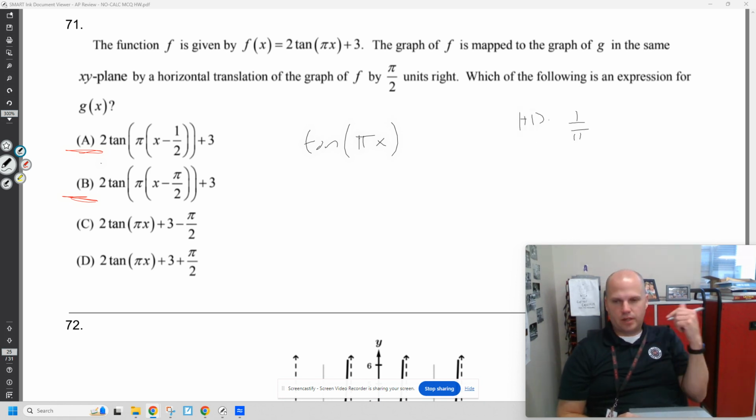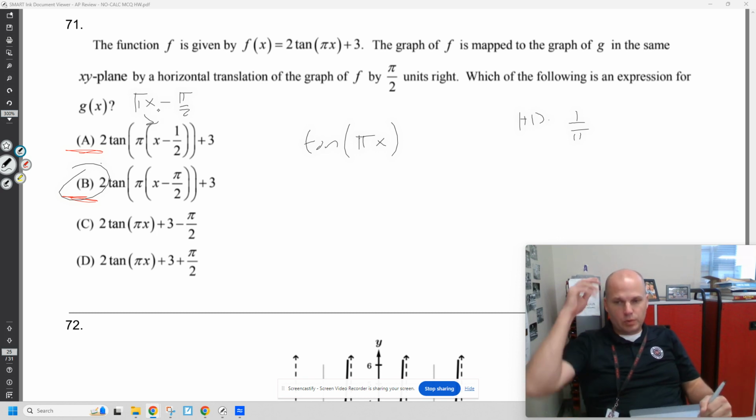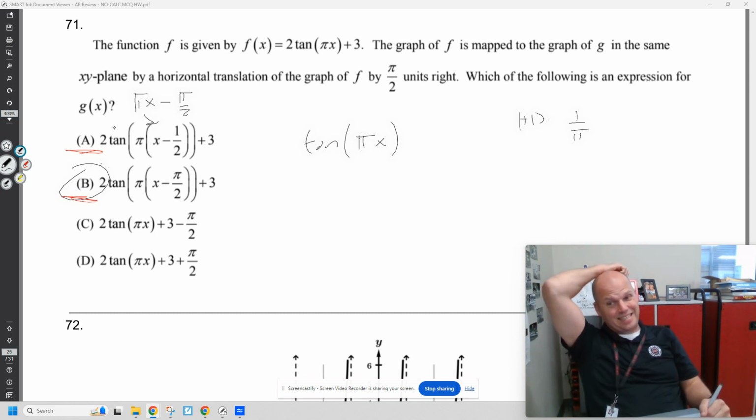It's affecting the period. Period's going to be 1. If we dilate first and then shift everything right, which is what we want to do, we get that. However, be careful because if you distribute this out, you get that. This would be a translation first, then a dilation.